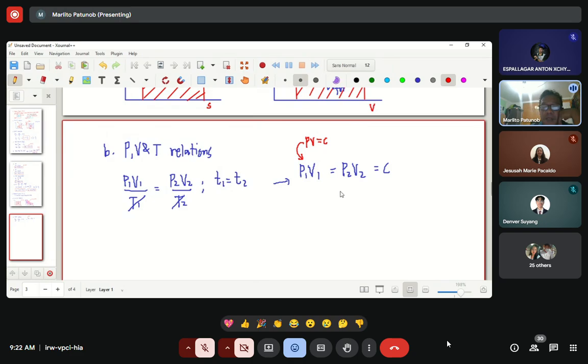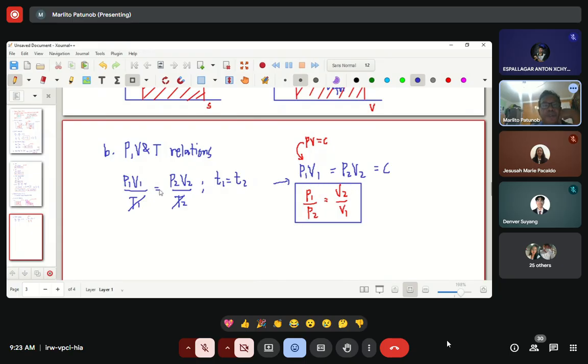And we can have P1/P2 = V2/V1. Okay, so you can rearrange the equations.